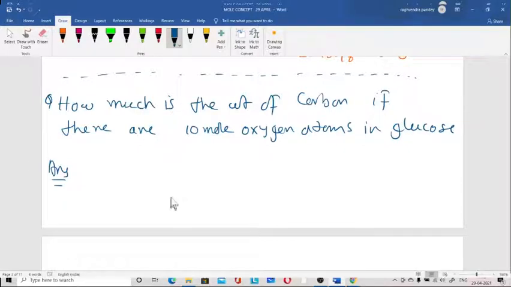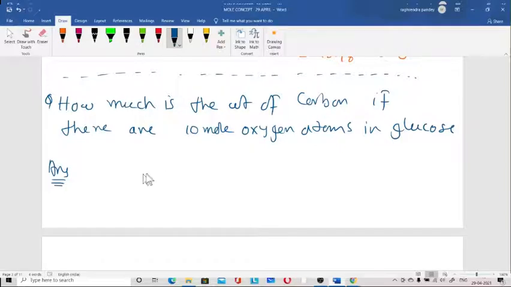Yes, anybody? Okay, so I'm just solving for you. How much is the weight of carbon if there are 10 moles of oxygen atom?